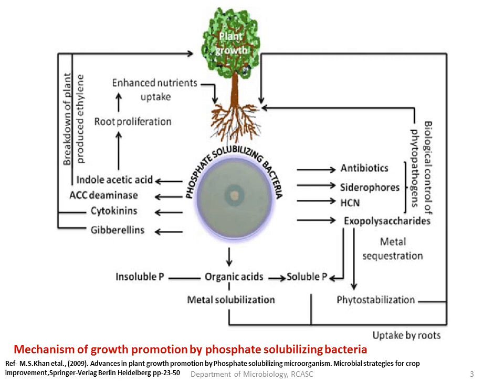Hence, this phosphate solubilizing bacteria also promotes the growth of the plant by producing such kind of growth regulators, and also by producing various substances which can control biotic stress or abiotic stress.